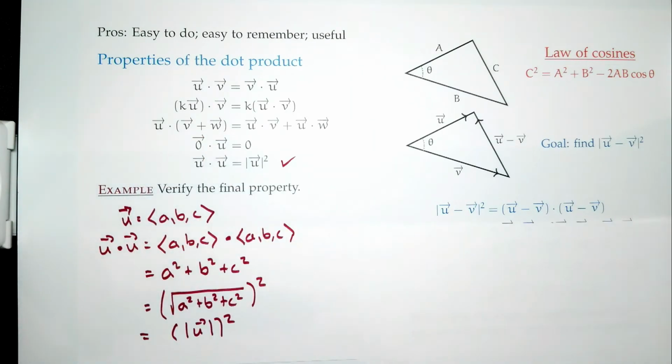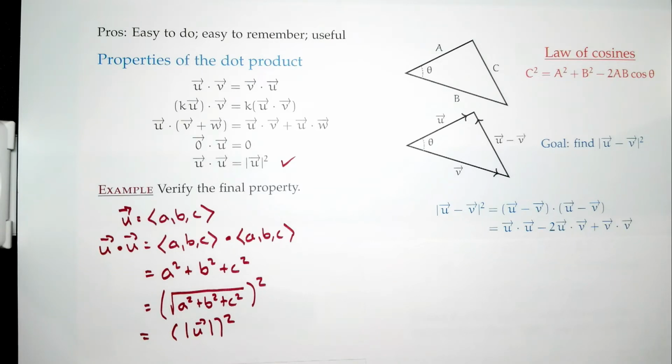So we distribute. And if you distribute, you get u dot u, which is like your u squared. You've got your v dot v on the end, that's like your v squared. And then you've got your minus 2uv, and that's minus 2 u dot v. It's the same expansion that you'd see in normal algebra. Let's talk about a few of these terms.